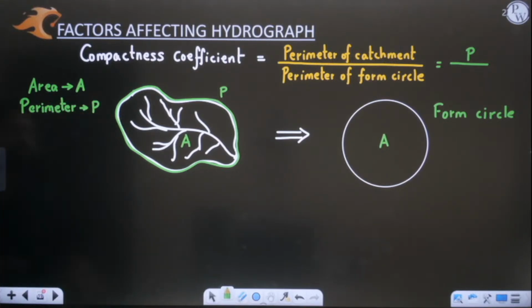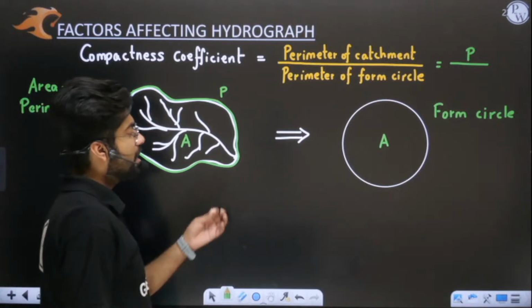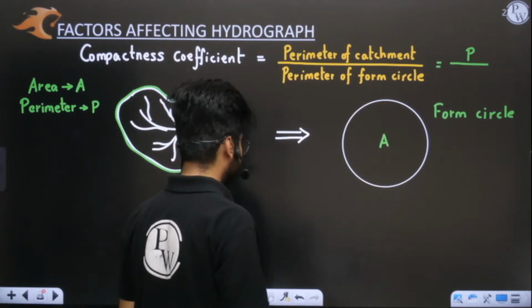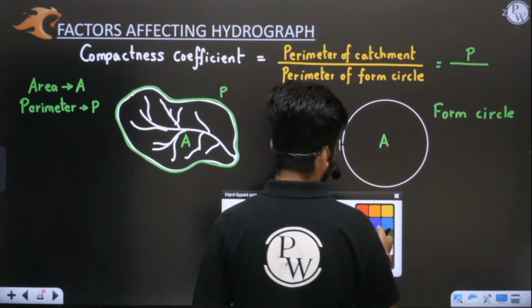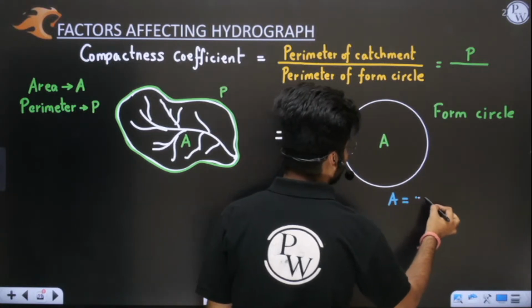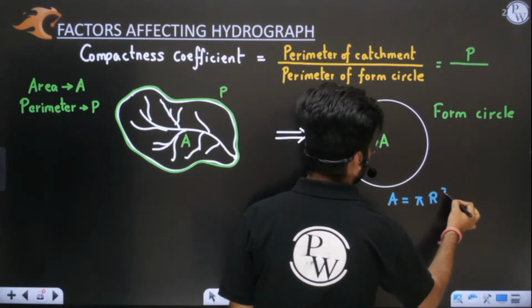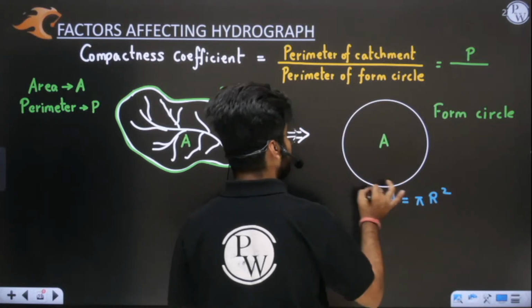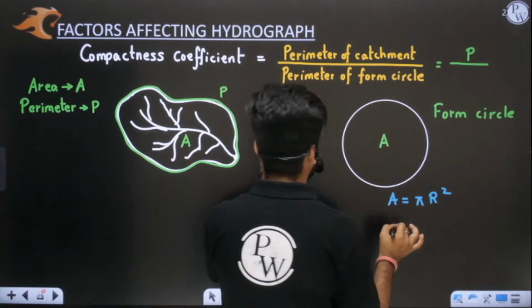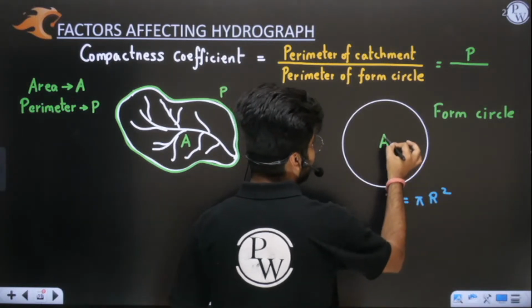Now I have to find the perimeter of this circle. You need to understand one thing. The area of a circle is given by pi r square. So when I convert my catchment area into a circle, can you find the radius of this circle?